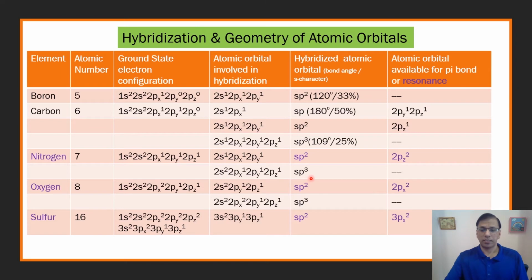Nitrogen, oxygen, and sulfur can also undergo sp3 hybridization by mixing of the s orbital and 3 p orbitals. In this case, there will be no lone pair of electrons in the p orbital available for resonance.